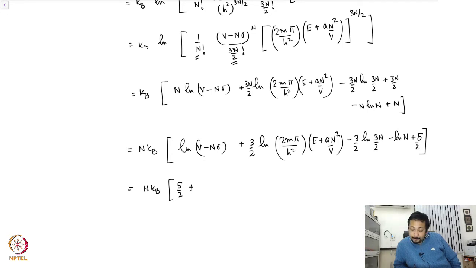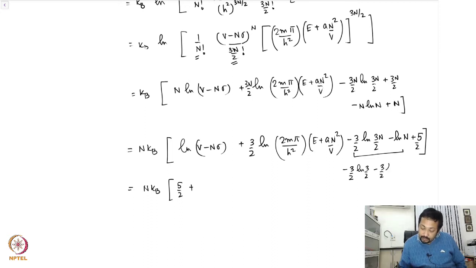Let's see. I can take this part, write this as minus 3 by 2 ln 3 by 2, minus 3 by 2 ln of n, minus ln of n. So that this gives me minus 5 by 2 ln of n.